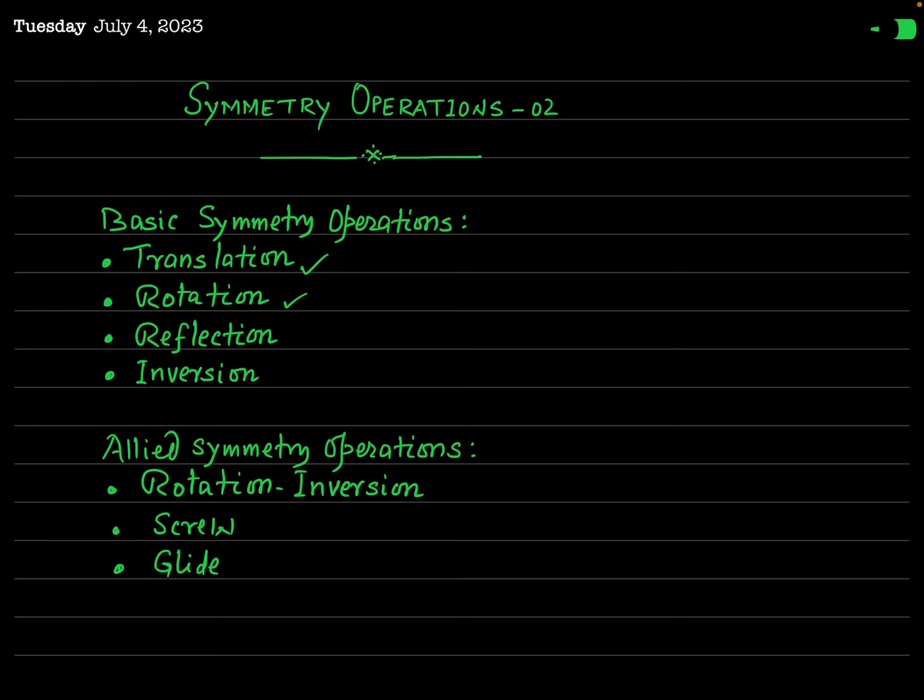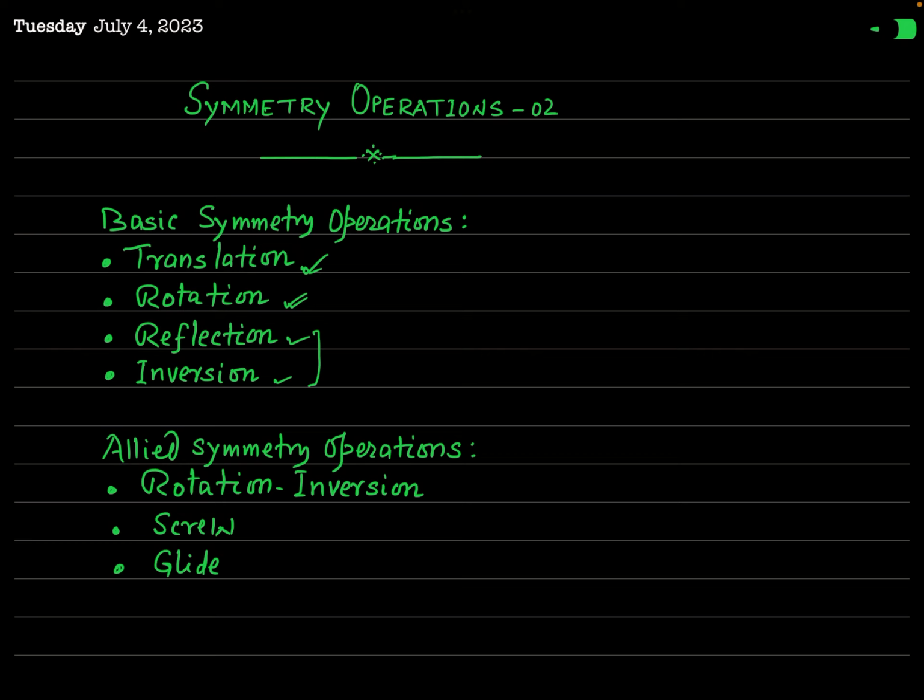As you learnt in the previous lecture, there are four basic symmetry operations: translation, rotation, reflection, and inversion. Since we have already discussed translation and rotation, today we will see the remaining symmetry operations, first the two basic ones, reflection and inversion.